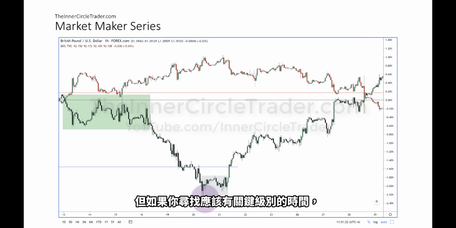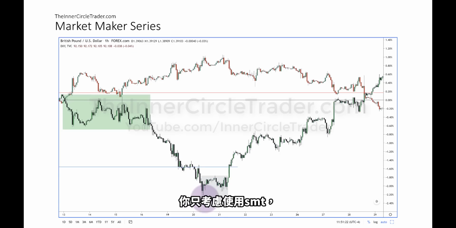But if you look for times when there should be a key level influencing price, this is when you go to SMT. Now, I taught SMT on Babypips like 10 years ago, and everybody took that and ran with it and tried to make SMT occur on all time frames. Every time they wanted to get a trade, they're looking for it.